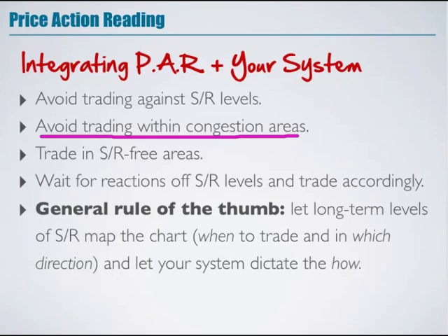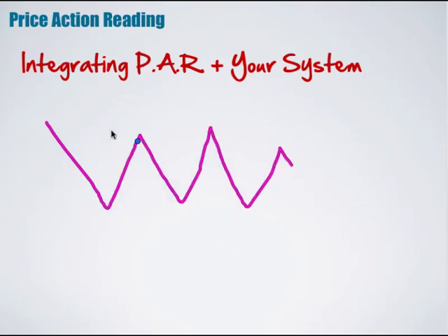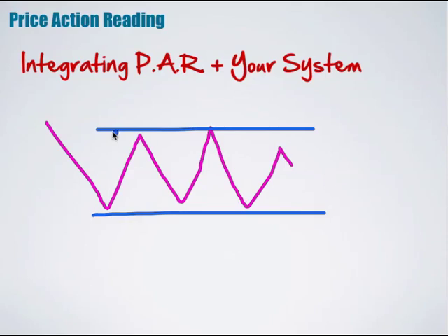Alright, that basically is just a flamboyant way of saying that you don't want to trade whenever price is entrapped within two levels of support and resistance, having resistance above current market price and support obviously below current market price.